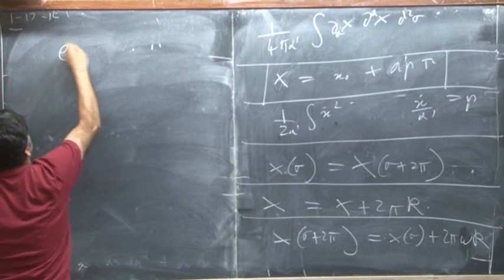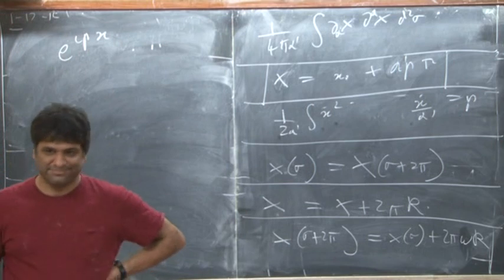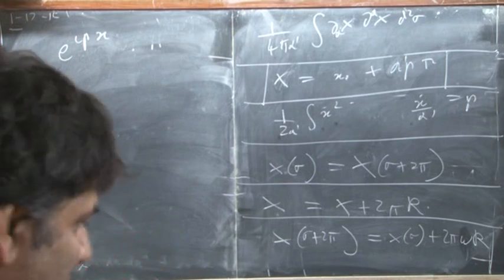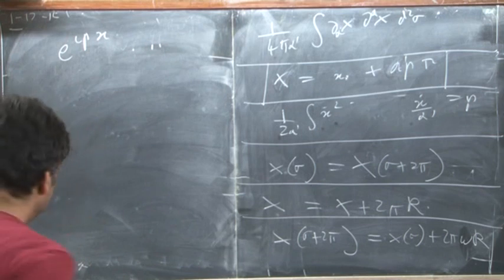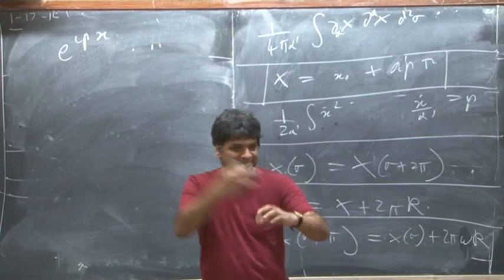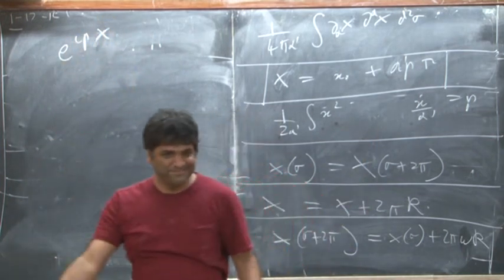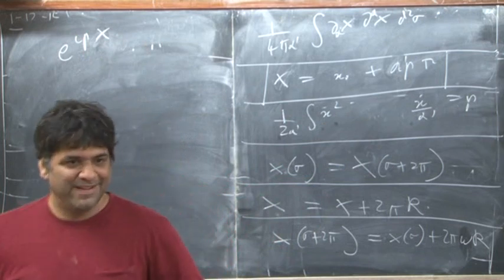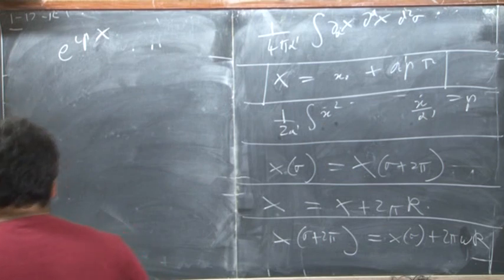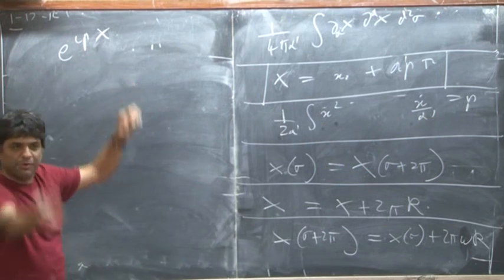the wave function was e to the power i p x. And since x and x plus 2 pi r were the same point, and since we wanted the wave function to be single valued, now this is the space-time wave function, the wave function as a function of the zero mode in space-time.